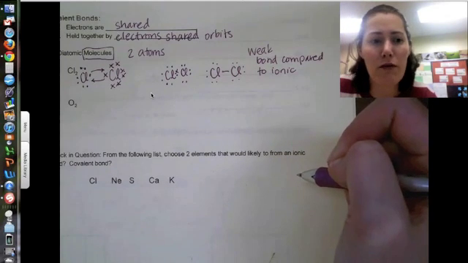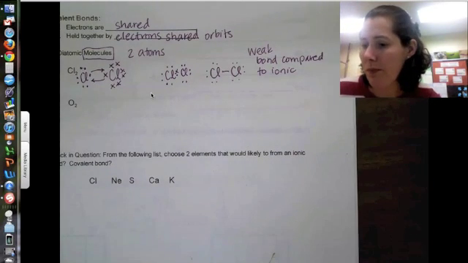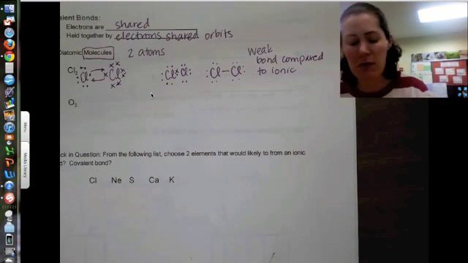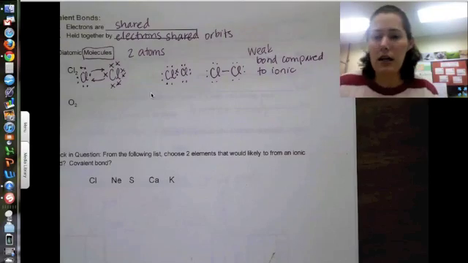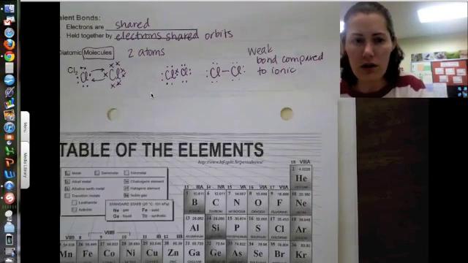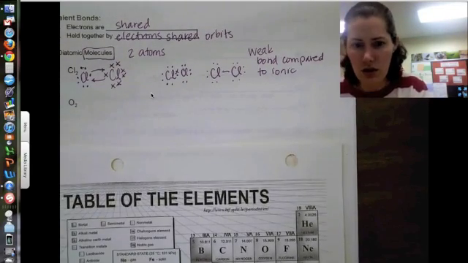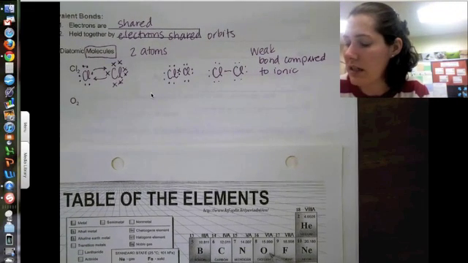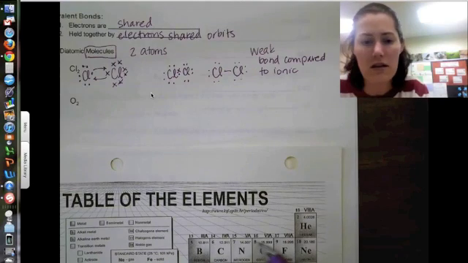Let's draw one more for practice, which is oxygen. Okay, if we look at oxygen in our periodic table, I'm just going to grab out my periodic table of elements and find oxygen. Where is oxygen? Oxygen's right here. Oxygen is in group 16. It has 8 as its atomic number.